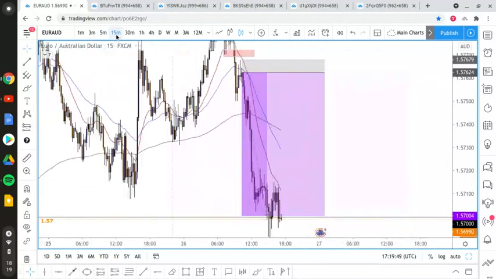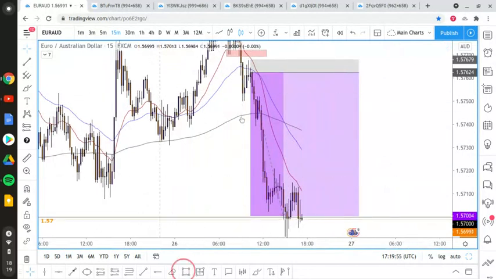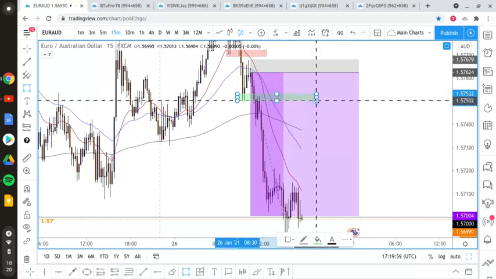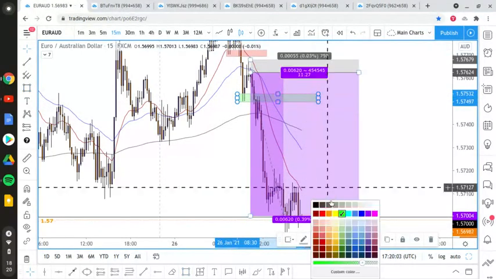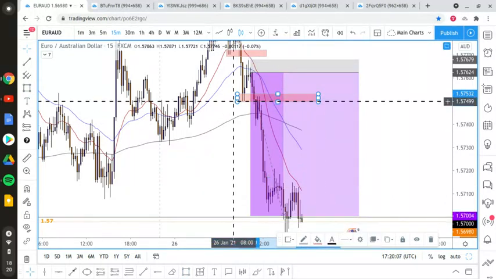Then to go to the next area, it was actually a 15 minute break and retest as well. Looking at it now, we had a close beyond, and then we had a pullback, very similar, just closer to the current low of the day.